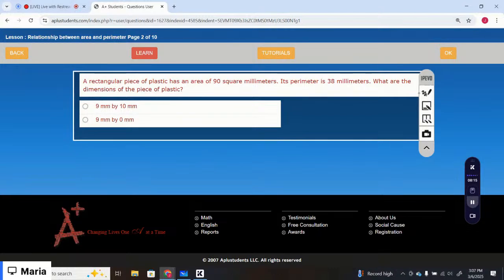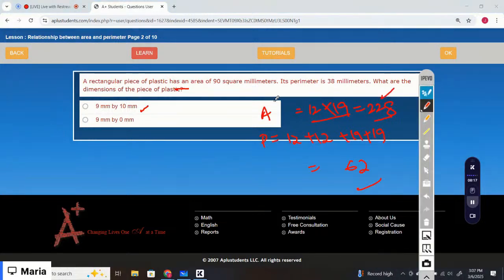So now let's see which two numbers have the product 90 and the sum of all four sides must be 38. Check with the first one. Area is length times width. 10 times 9 is 90.